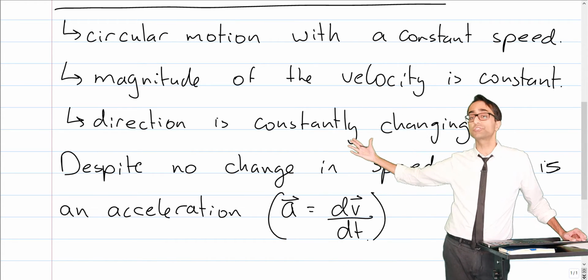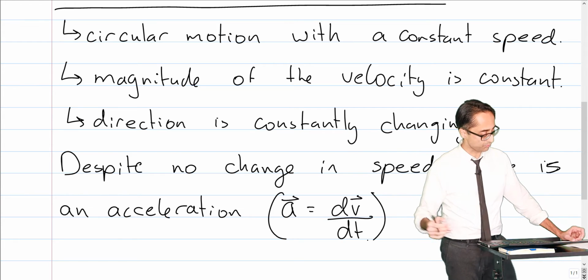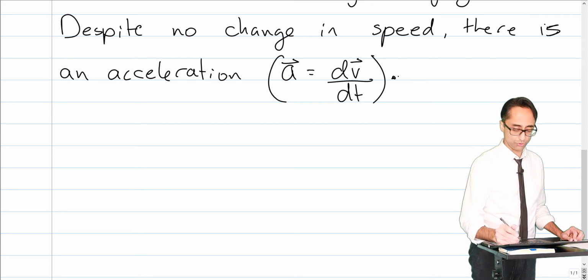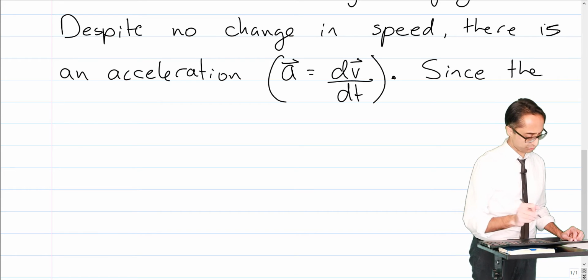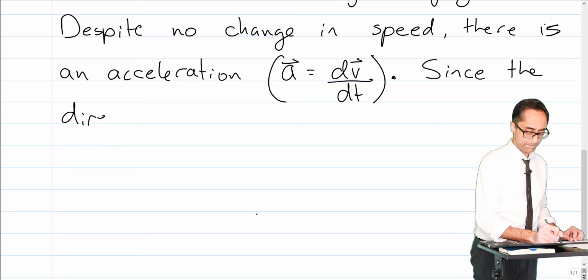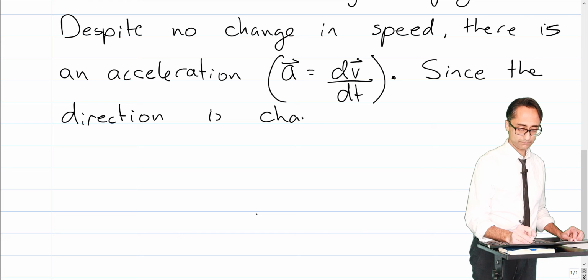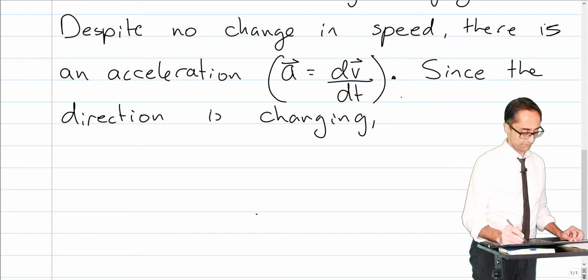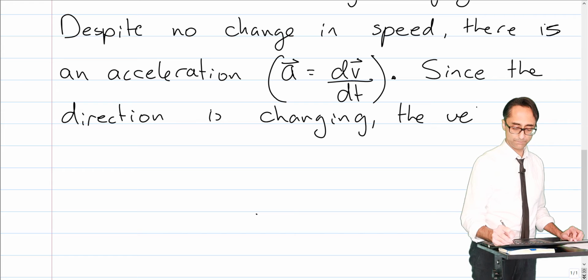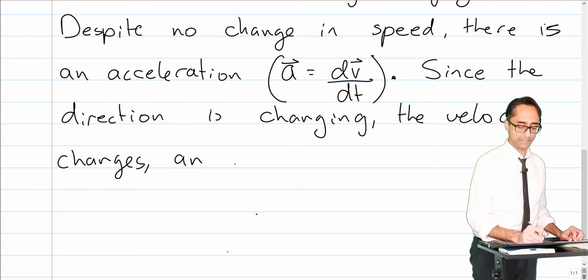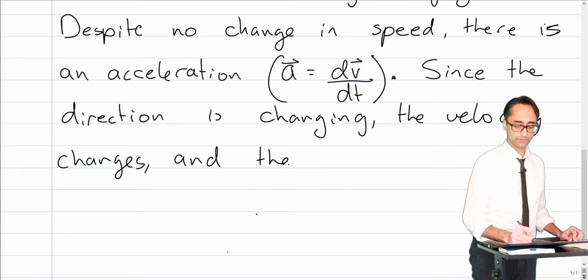Is velocity a constant in circular motion? No, because the direction is changing. If the direction is changing, the velocity is changing, and so you have an acceleration. That's the justification for it. It sounds a bit strange compared to what we've done so far, but it is consistent. Since the direction is changing, the velocity changes. And since the velocity changes, there must be a corresponding acceleration.